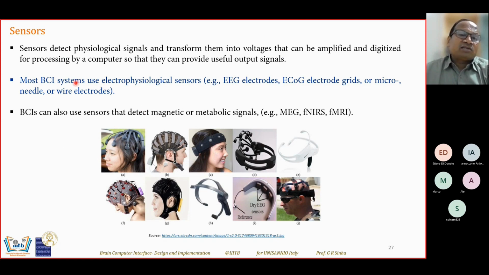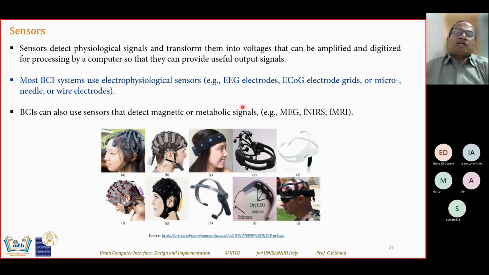Most BCI systems use electrophysiological sensors, and they are mainly EEG electrodes or ECoG electrodes. Electrophysiological covers everything. Generally, we prefer EEG, but they are all EEG, ECoG, and microneedle or wire electrodes. The last one is always related to microarrays. BCI can also use sensors that detect magnetic or metabolic processes.